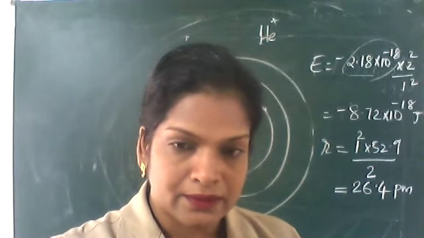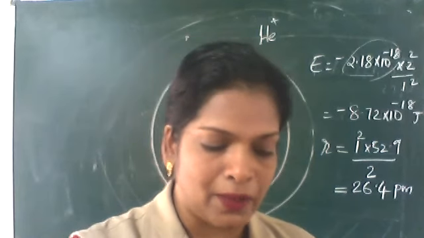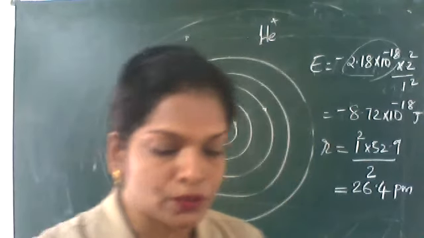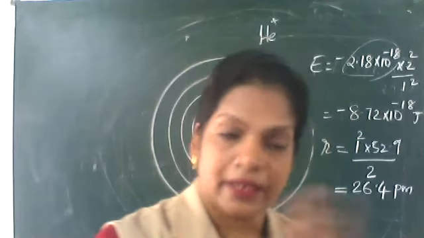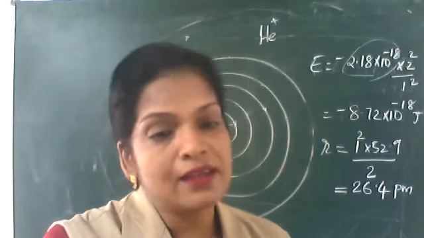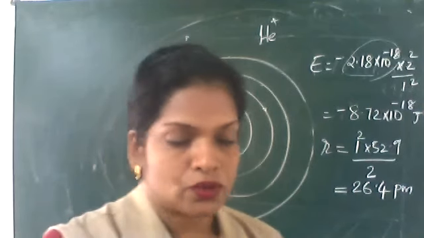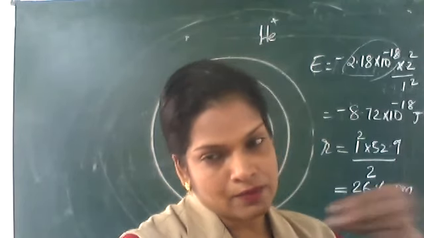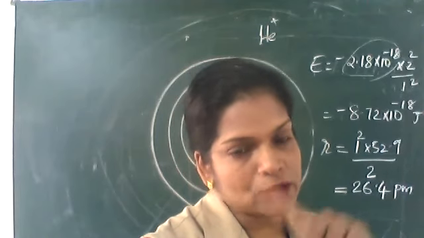So in the case of Be3 plus, the electron is more closer towards the nucleus. You can explain this using the radius equation or the energy equation. The radius equation is easy, so explain using the equation for R, n square a naught upon Z.